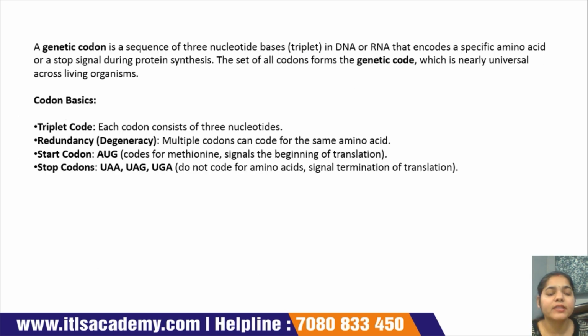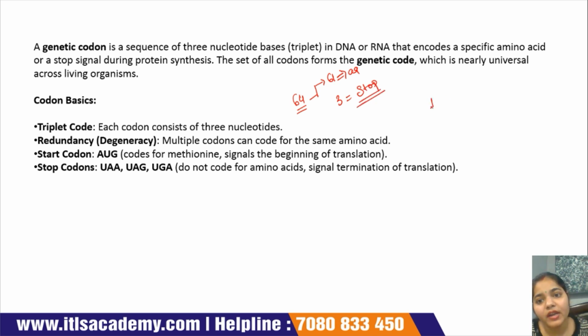Genetic codon is a sequence of 3 nucleotide bases. Basically, a triplet nucleotide is known as a genetic codon. In the genetic code, a total of 64 codons are present. Out of 64, 61 are responsible for coding amino acids, and 3 are known as stop codons.